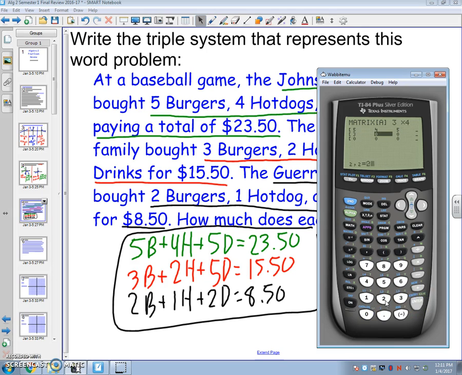Next one, 3, 2, 5, 15.50. 2, 1, 2, 8.50. Second quit, second matrix, go to math, go up to double REF, put in your matrix, second math matrix, that, and there's our answer. So one burger costs $2.50, one hot dog costs $1.50, one drink costs $1.